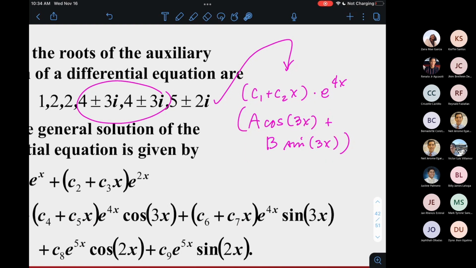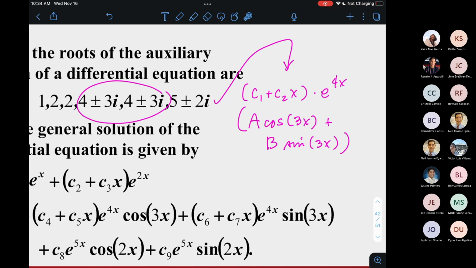Alright? Pero dahil meron ditong arbitrary constant a, so yung multiplier dun sa first factor ay AC1 plus AC2 x times e to the 4x times cosine 3x. Tapos pag dinistribute ko naman to sa second term, BC1 plus BC2x. So magkaiba silang constants. Magkaiba yung constant para sa polynomial dito at sa polynomial dito.